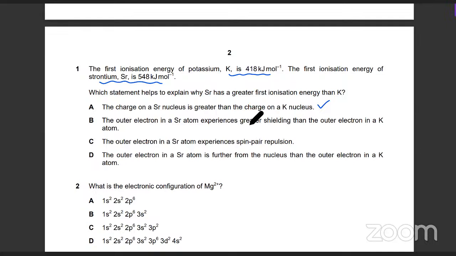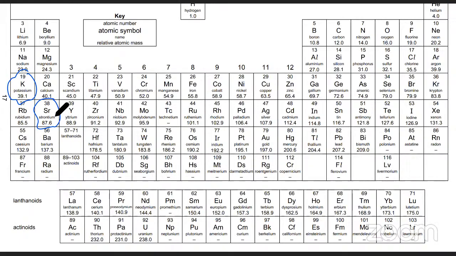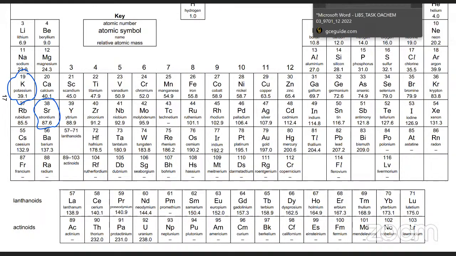This one does make sense: Sr's nucleus has more protons, so there's more attraction. It actually does: it's got 38 protons while potassium has 19 protons. So I'm going to go with the factors that actually help to explain this.